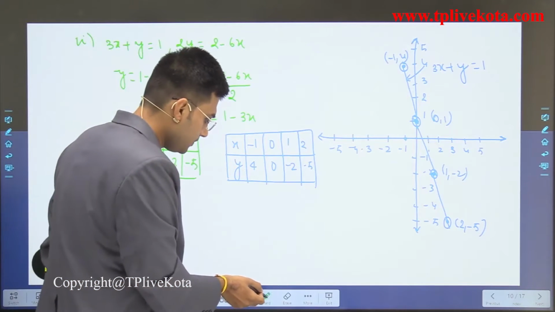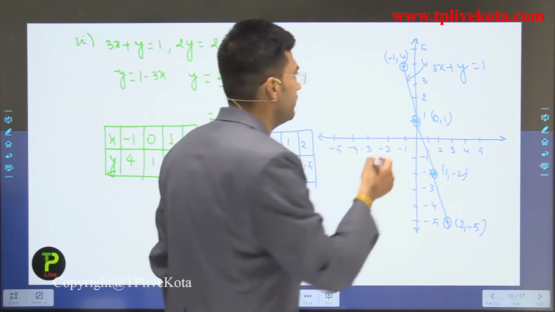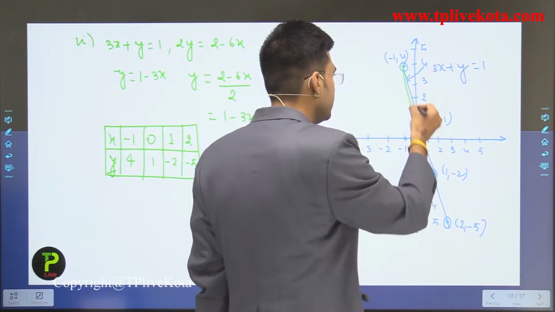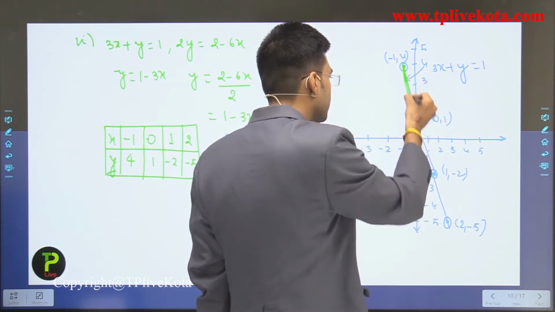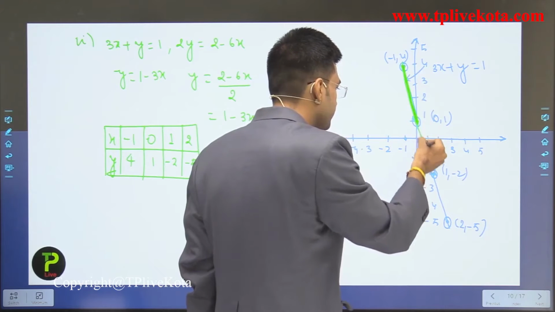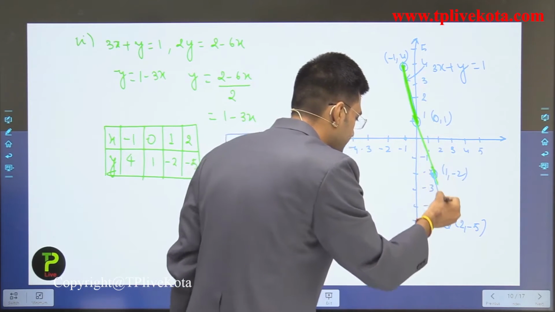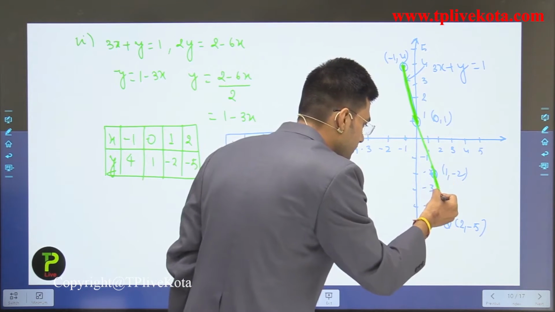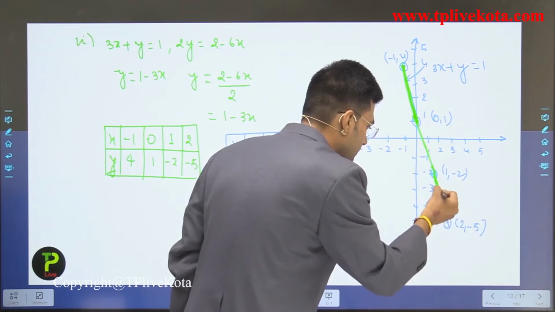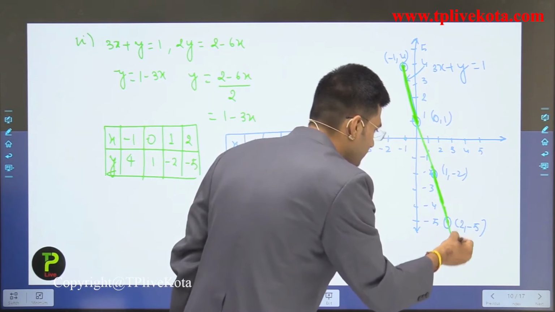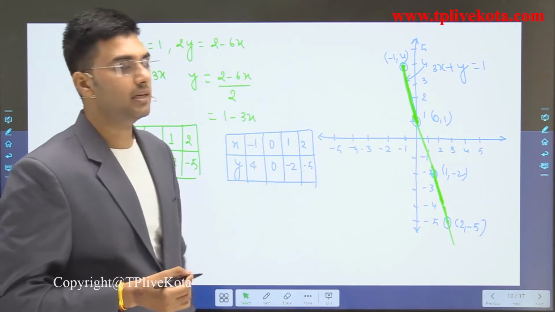So the line of this equation is also same. So we can say that these two lines coincide. Here these two lines coincide.